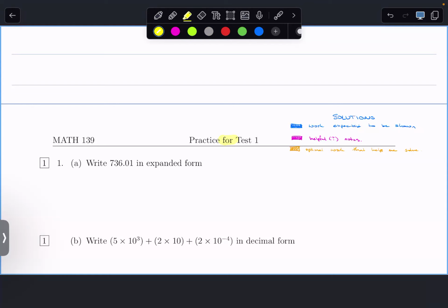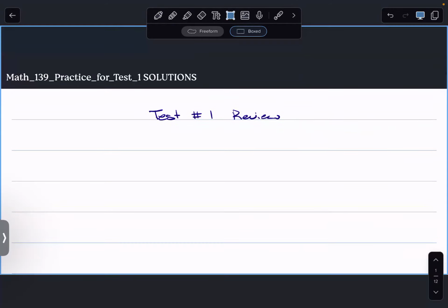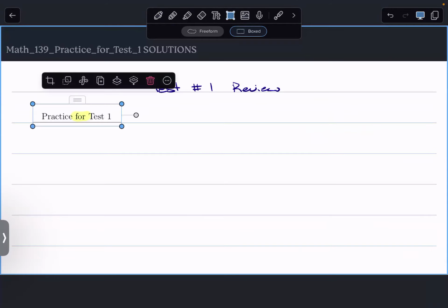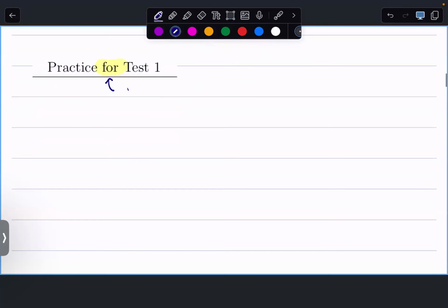And so I'll highlight this here. The test will be on a subset of these concepts. But I wanted to give you kind of practice for all of them.